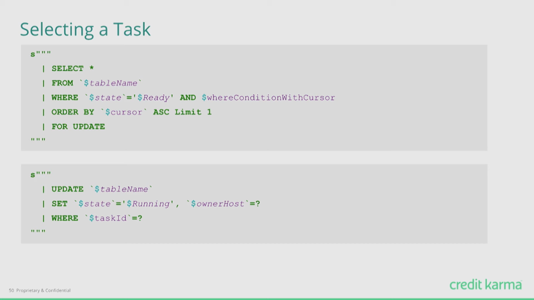So we do a select for update first, then we update the state to running. And this way we prevent any concurrent access to a particular task, to enforce that no single task is run by two JVMs. Otherwise it will be a disaster, right? You have two JVMs running the same data at the same time. You may have data corruption.